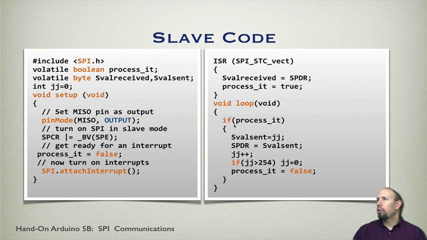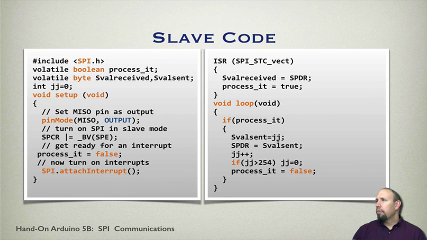So again, in our loop program, we do nothing unless I received a byte. If I received a byte, then I do all this stuff. I put JJ into S value sent. So what is JJ? JJ is a counter. It's an independent counter.